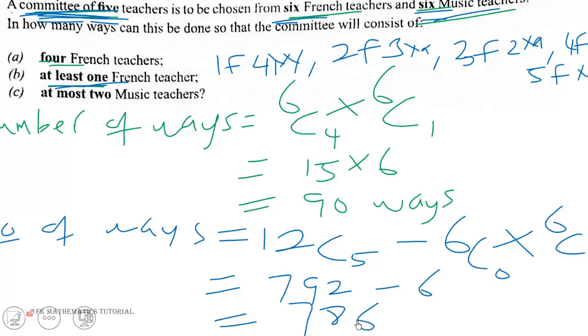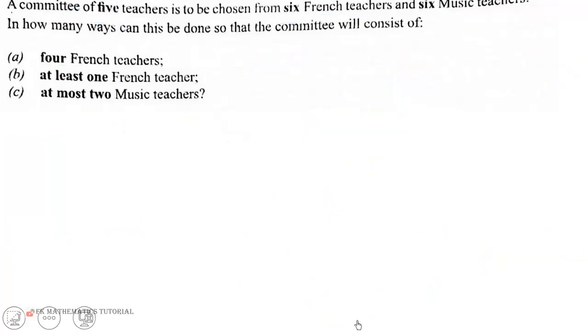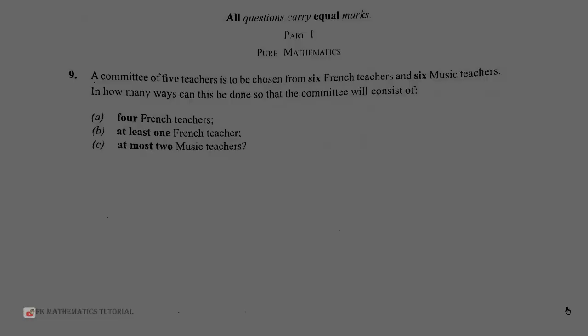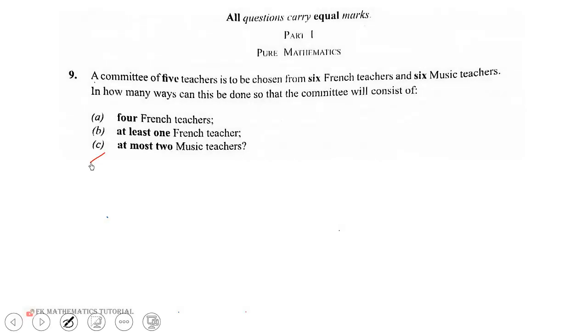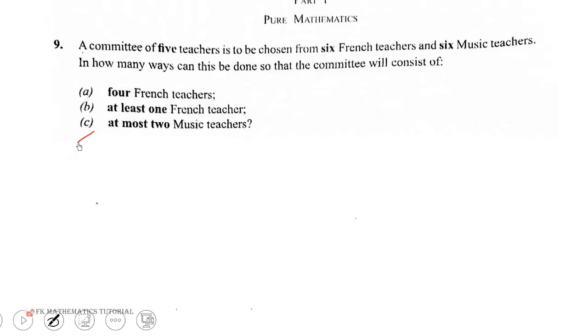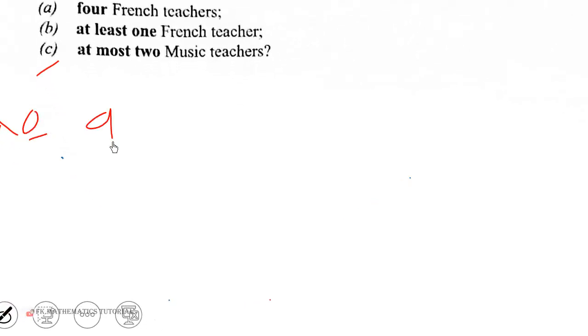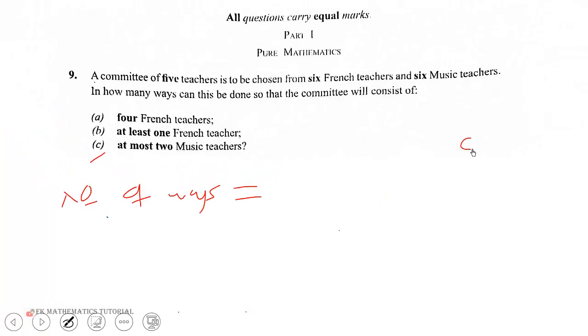Then let's look at the C part. At most 2 music teachers. So C. So for at most 2 music teachers, number of ways will be equal to. So in this case, we are going to have at most 2 music teachers, no music teacher, and we have 5 French teachers.